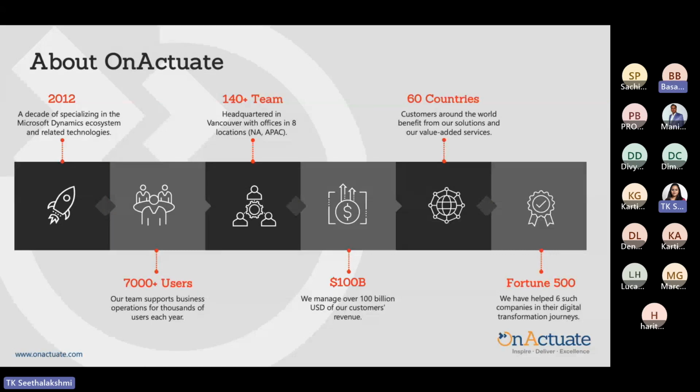We support a broad range of solutions and services, from Microsoft Dynamics 365 Finance and Operations to Business Central to CRM, which includes sales, marketing, customer service, and also enabling technologies like Power Apps, Power Platform, Power BI, and Azure Data Lake.